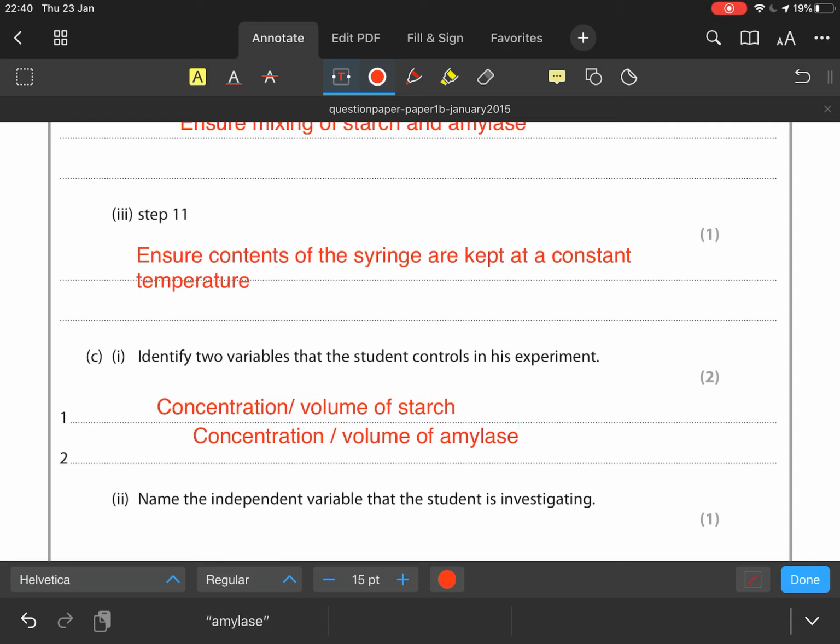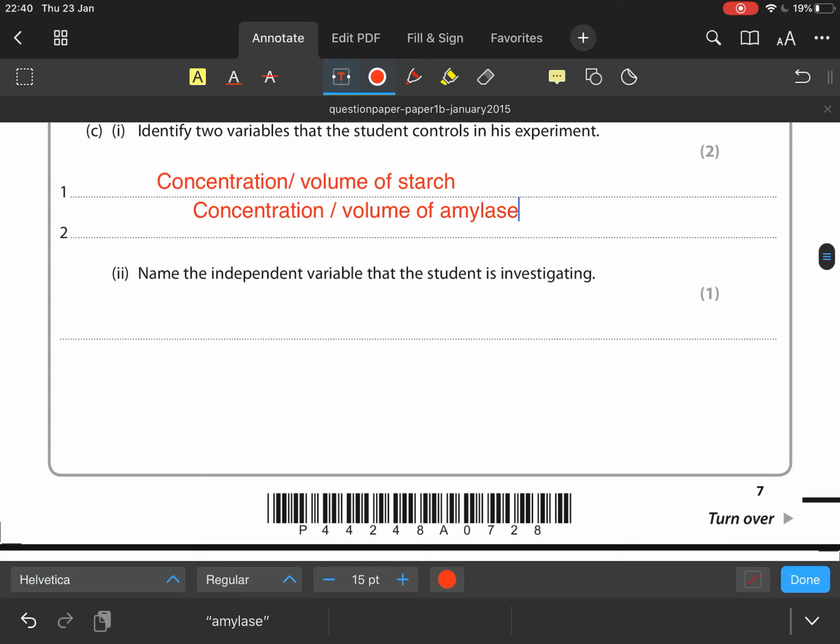We could talk about pH. We could talk about the same amount of iodine added. But really, those are your 2 main answers there. Really important to note, what I definitely didn't say, and you mustn't say, is amount of starch or amount of amylase. Please state either the concentration or volume of the starch and amylase solutions. Don't say amount.